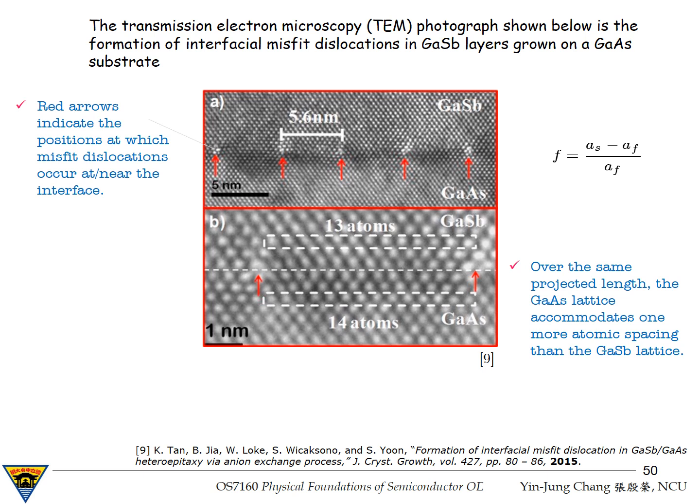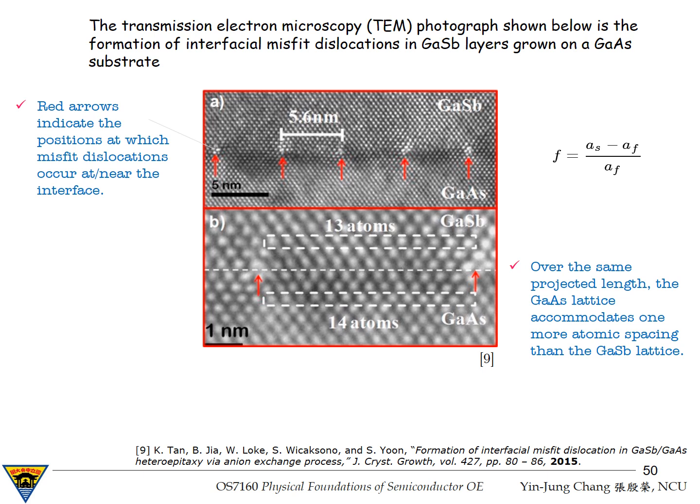Now look at the lower panel. It shows atomic resolution contrast where in the gallium antimonide region we have 13 atoms here, and in the adjacent region, which is the gallium arsenide substrate, we have 14 atoms over the same projected length. This difference directly visualizes the lattice mismatch.